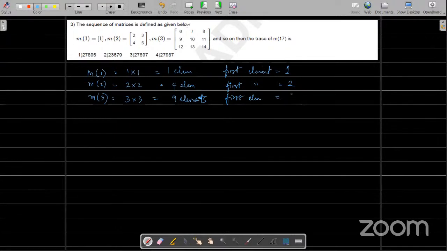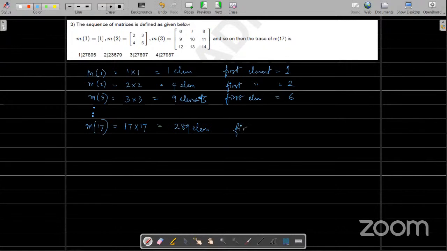It starts from 6, right? Also remember M of 17. Let's get something clear. If the first is 1 by 1 and the second matrix is 2 by 2, then M of 17 should be a 17 by 17 matrix, which will have 289 elements.